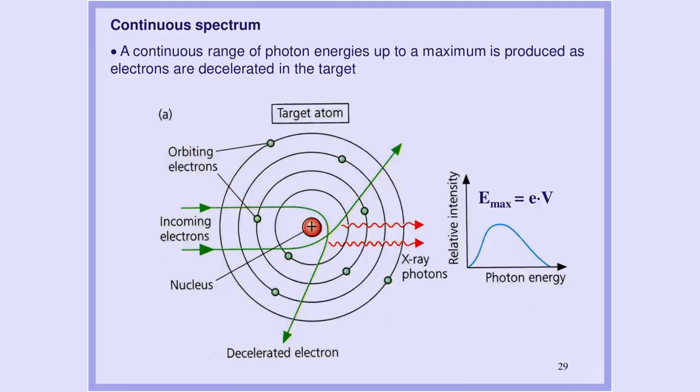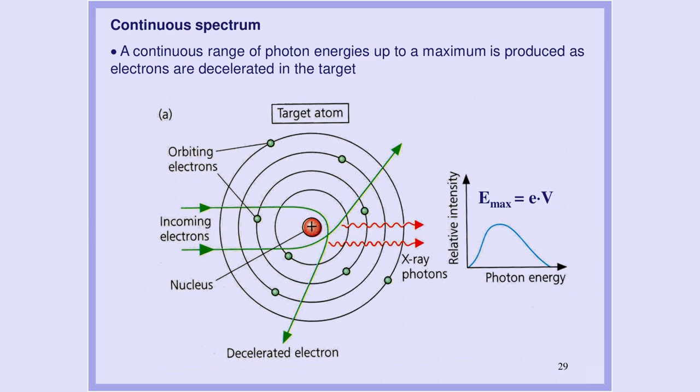The incident electrons pass close to the positive nuclei of the target atoms and decelerate, brake. The incident electrons' kinetic energy is converted into photons of electromagnetic radiation known as braking radiation.